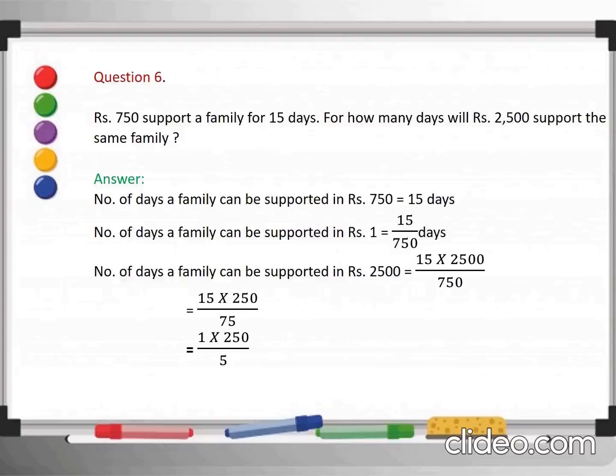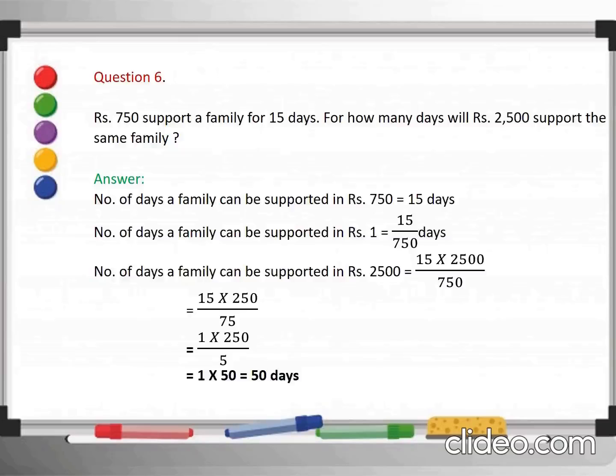So we'll get 1 into 250 upon 5, which again we can divide by the 5 table. So 5 ones are 5, 5 50s are 250, which equals 1 into 50 equals 50 days. Therefore, number of days a family can be supported on rupees 2500 equals 50 days.